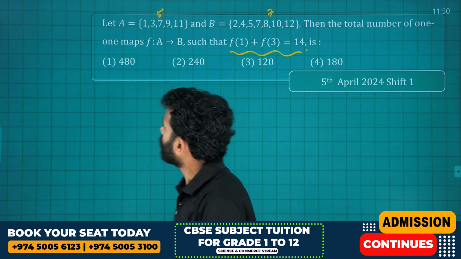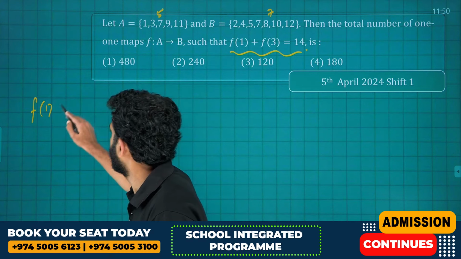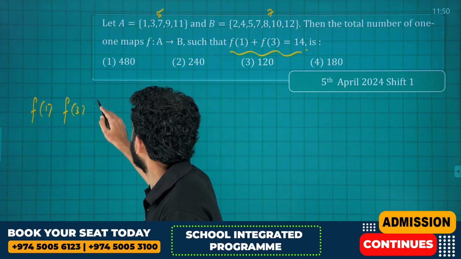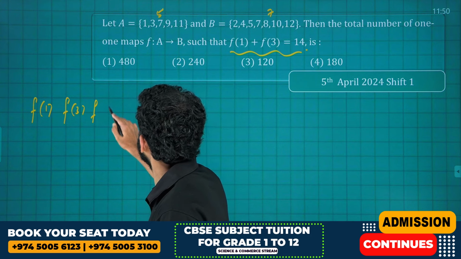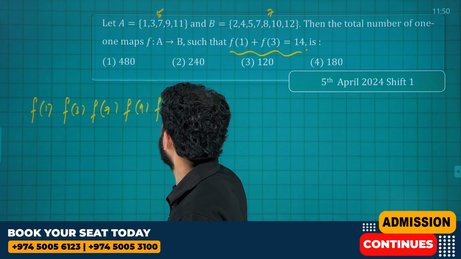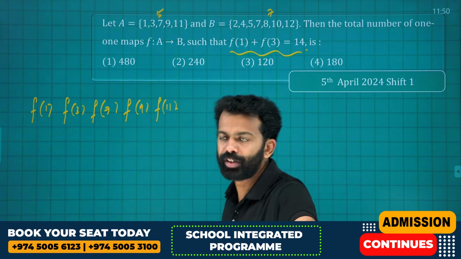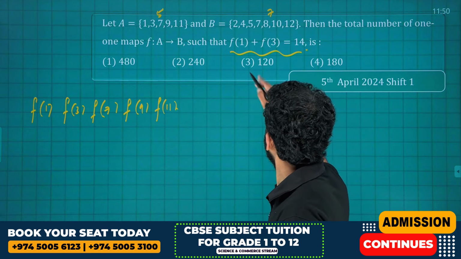Therefore, I am expressing the mapping like f of 1, f of 3, f of 5, f of 7, f of 9, f of 11. There is only one condition, such that f of 1 plus f of 3 is equal to 14.